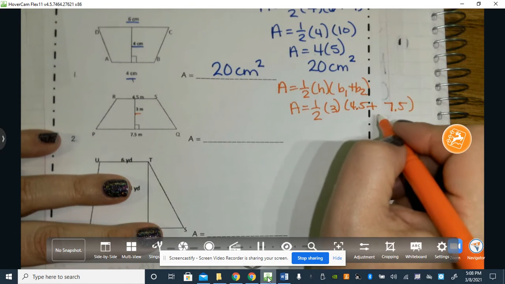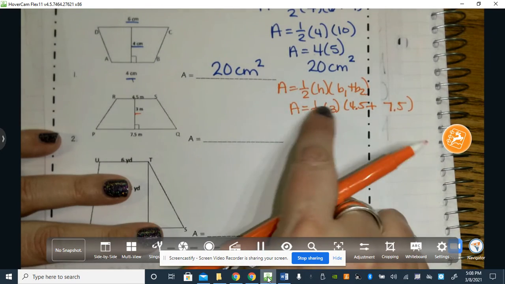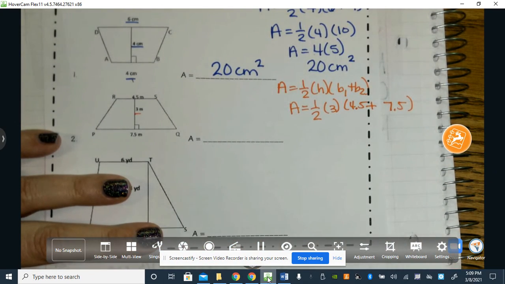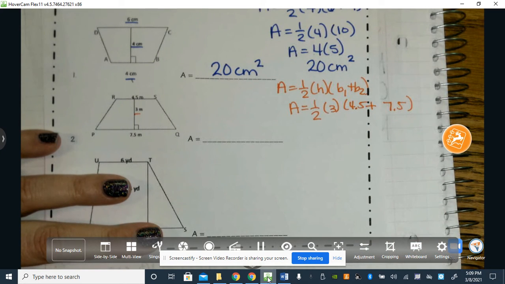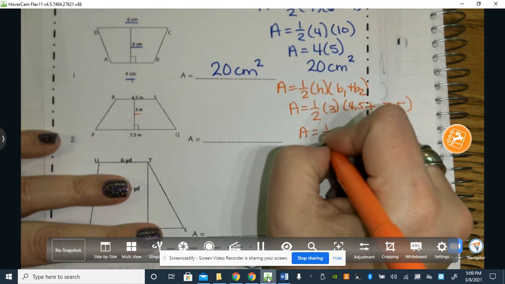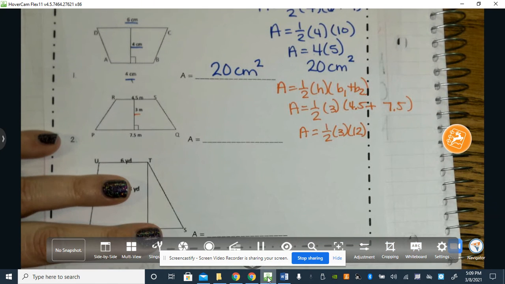All right. Now, on your math reference sheet, these two may be swapped, or it may look different, but this is always going to be your formula. So I'm going to do what's in parentheses first because that's order of operations. That gives me 12. So area is equal to 1/2 times 3 times 12.